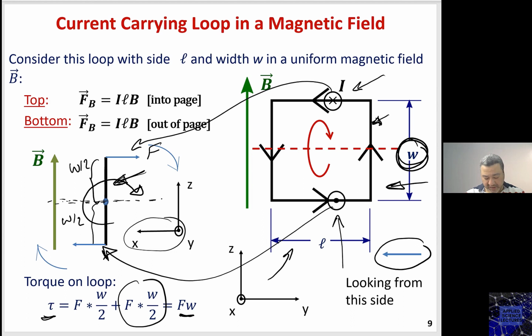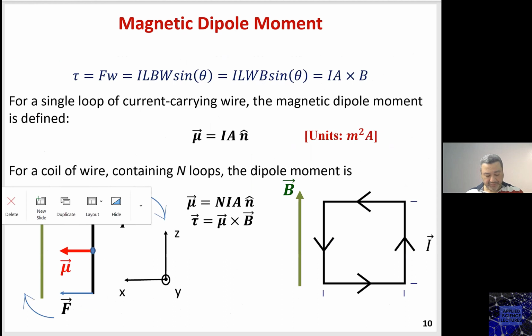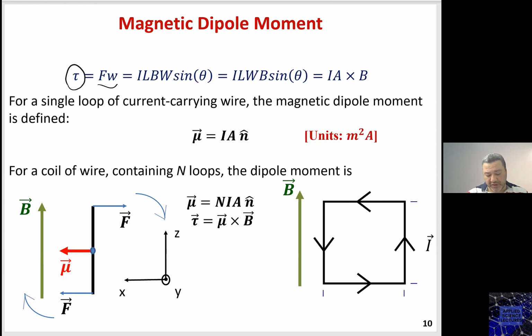It is perpendicular, and this is the maximum torque when the force is perpendicular to that length. So let's move on. We have found that the torque tau equals the force times this length.